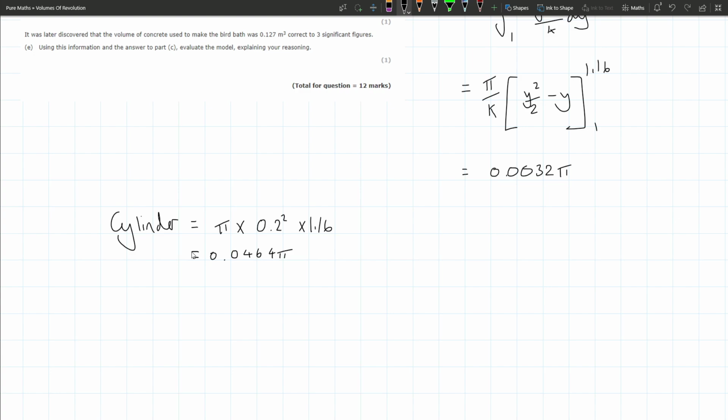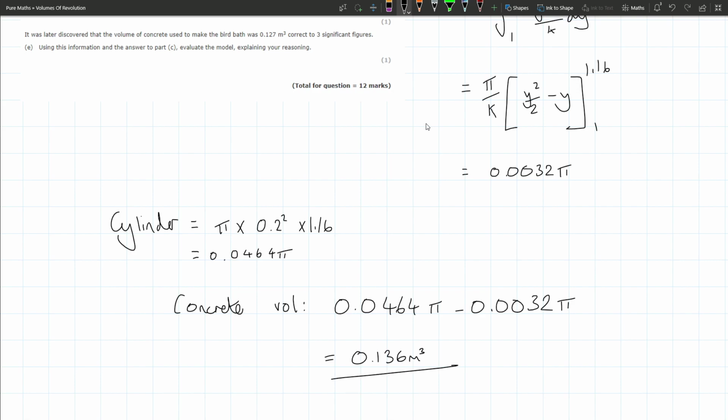So it's this one, the cylinder, minus the rotation. So concrete volume is 0.0464 pi minus 0.0032 pi. It says do it to 3 significant figures, which is 0.136 meters cubed, I think. There we go.